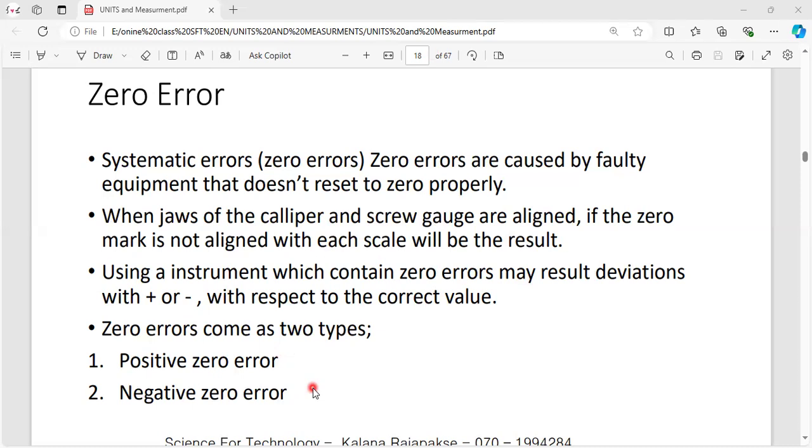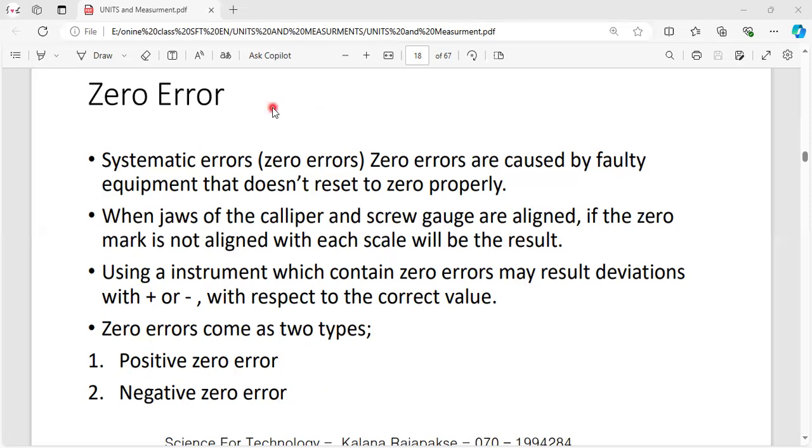Then, accordingly, you take the measurement, and if it is a positive error, you subtract it. If it is a negative error, you take the reading as the second step, and then you add that negative error to the final reading. So then you can have the correct value.